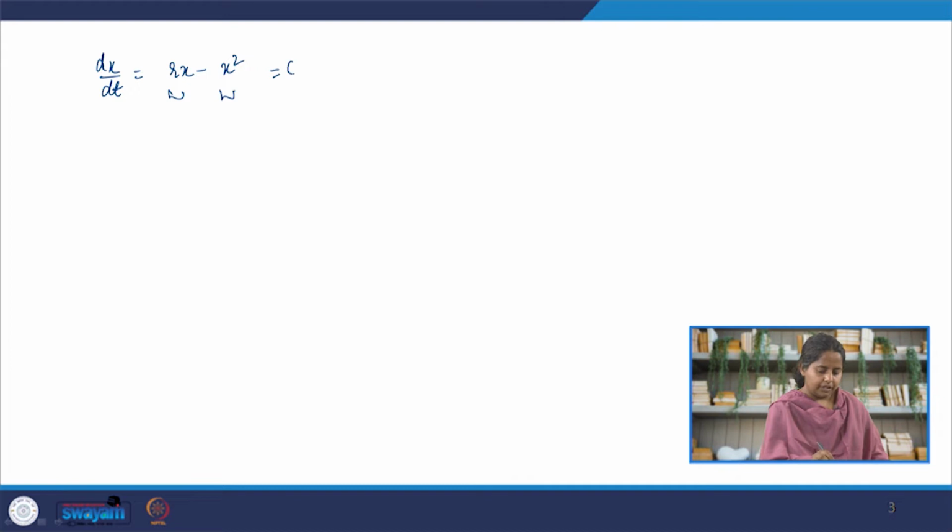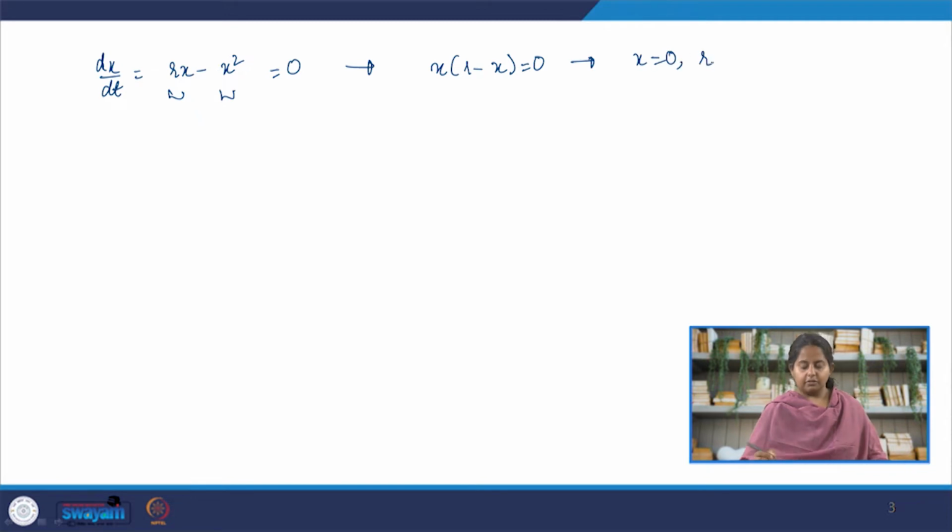Okay. So, to understand how the system behaves as r changes, we need to find the fixed points. So, dx/dt is equal to 0, which means, taking x common, this has to be 0. So, what we are left with is either x is equal to 0 or x is equal to r. Let us take the example when r is positive, which we are very familiar with.